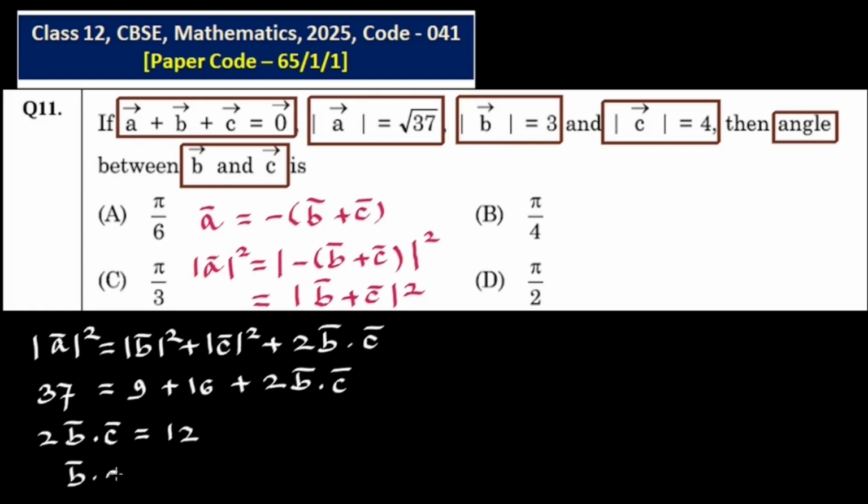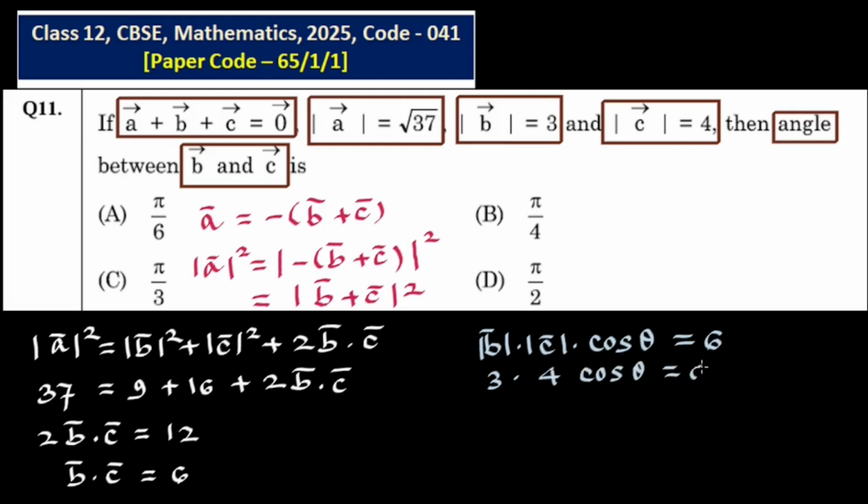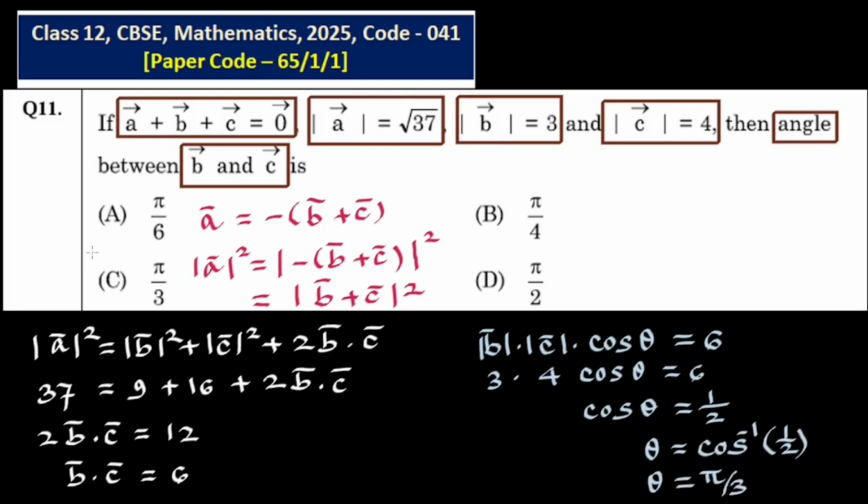B bar dot c bar equals 6. Now b bar dot c bar is mod b bar into mod c bar cos theta, where theta is the angle between b bar and c bar, equals 6. 3 into 4 cos theta equals 6, cos theta is half, theta is cos inverse half, theta is pi by 3. So the correct answer is option C, pi by 3.